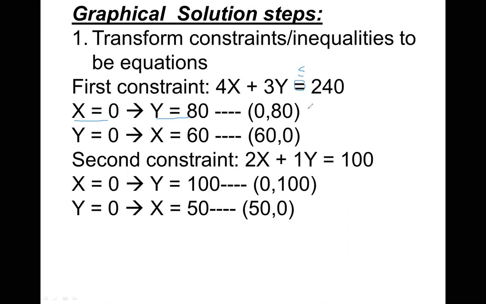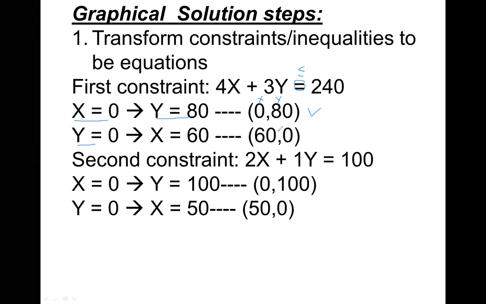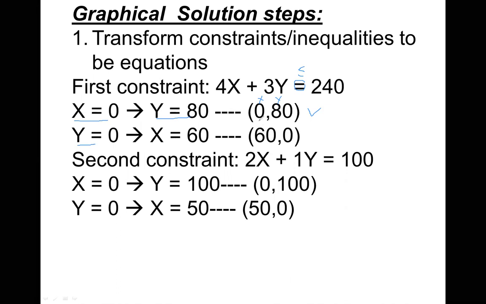Then the first point is 0 and 80. That means x equals 0 and you now have y equals 80. That's the first point. The second point, putting y equal 0, find x equal 60. Then the second point is 60 and 0. So first point 0, 80. The second point 60 and 0. Then now we are able to plot the first constraint as an equation.